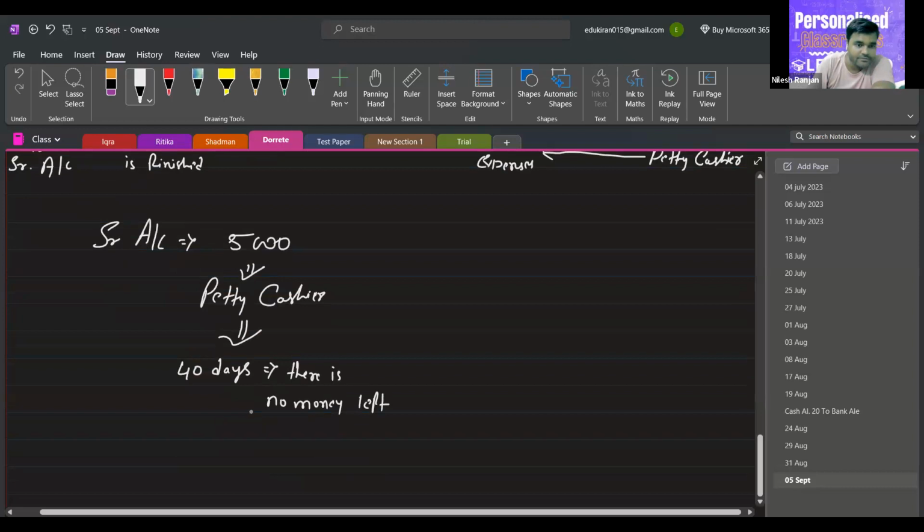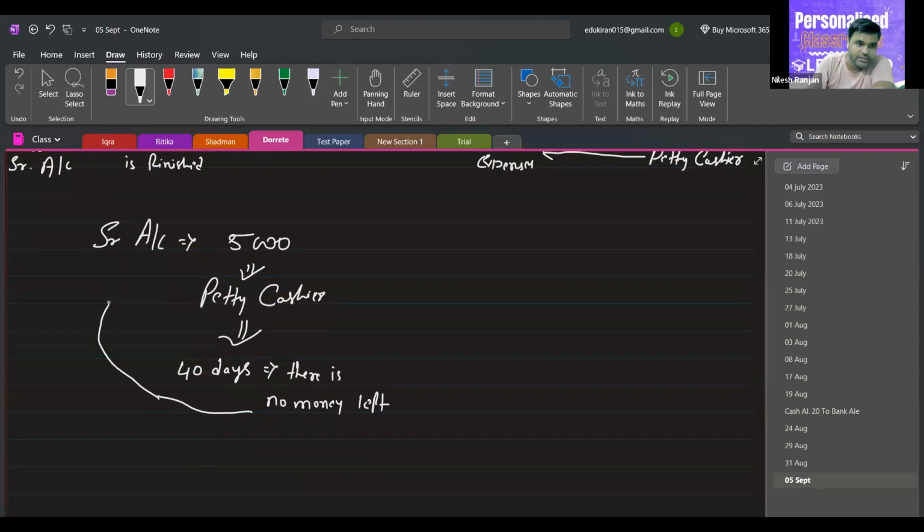So again, after finishing his money, he will go to the senior accountant and give his report, and then the senior accountant will pay the money again to the petty cashier.